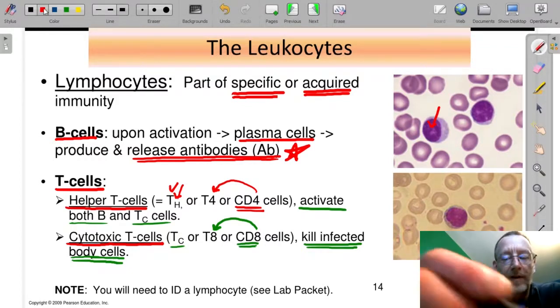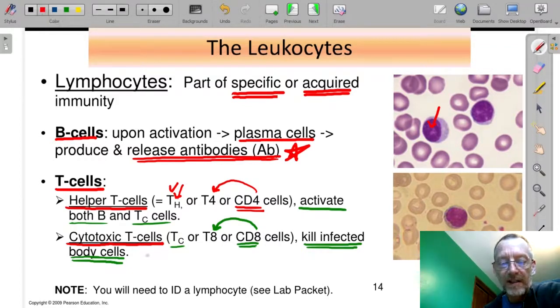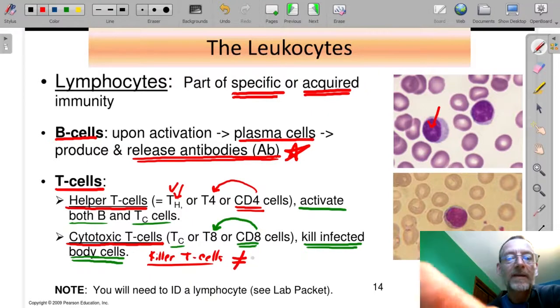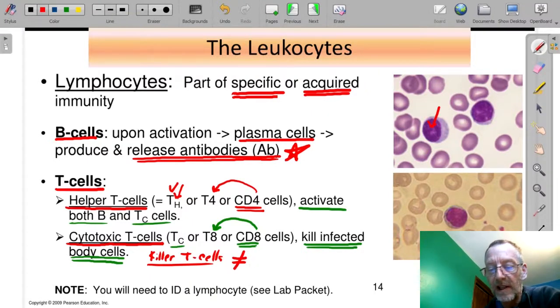I would be careful calling these killer T cells. I tend to stay away from that term, because that's not the same thing as a different type of cell, which is referred to as a natural killer cell. They both have killer in the name.